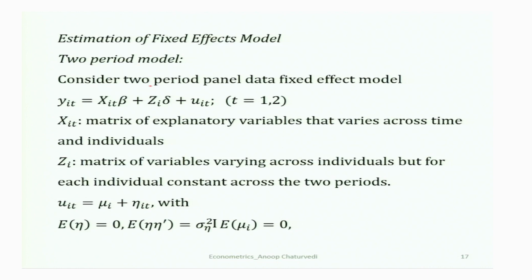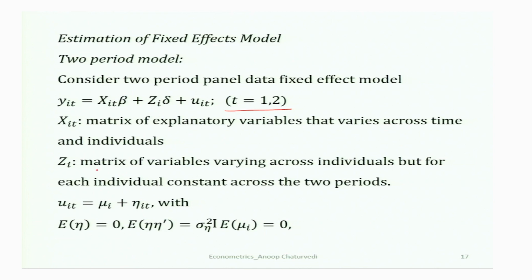So, we consider the two period panel data fixed effects model y_it equal to x_it beta plus z_i delta plus u_it, t equal to 1, 2. So, t takes just two values. We have a two period panel data model. X_it is the matrix of explanatory variables that varies across time and individuals.